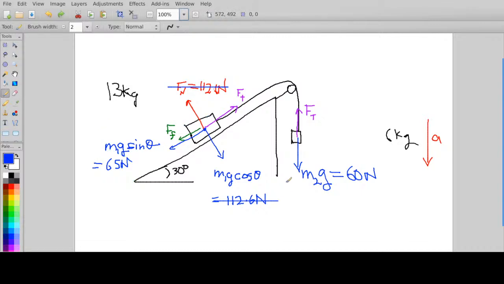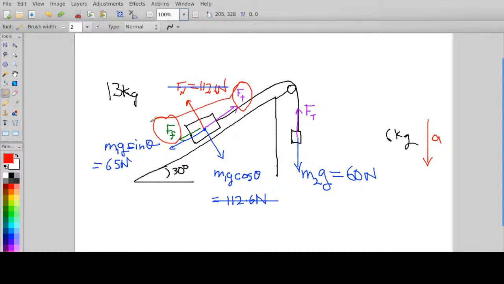Which one has to be bigger? Well, if the 6 kilogram is accelerating downhill, then this 13 kilogram has to be accelerating uphill. If it's accelerating uphill, that means Ft has to be bigger. What's trying to impede it?